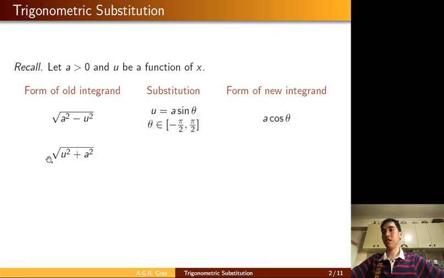Okay, next, we can also have the square root of function squared plus constant squared. So u squared plus a squared. And then ano yung magiging substitution natin in this case? We now let u be equal to a times the tangent of theta this time, no? Where your theta belongs to almost the same interval, except we exclude both endpoints. So your theta now belongs to the open interval from negative pi over 2 to pi over 2.